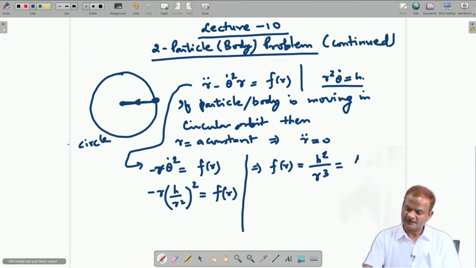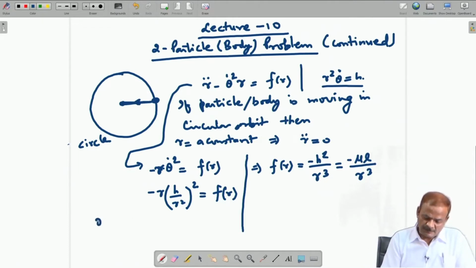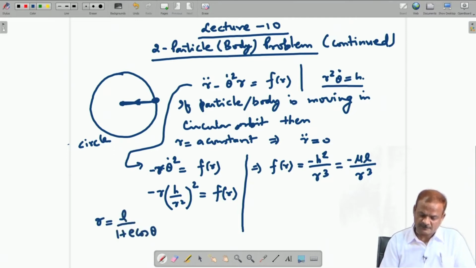As we have written, h square equal to mu times L, with a minus sign here. Also, we have derived that r equal to L by 1 plus E cos theta.